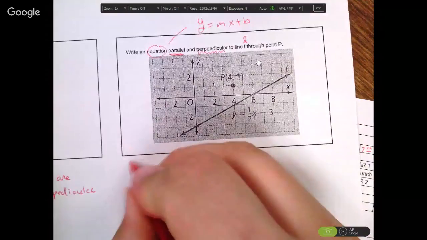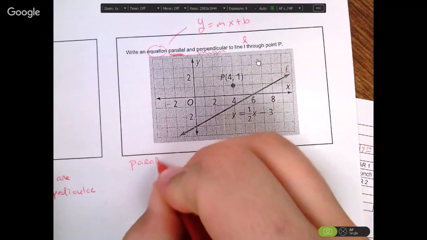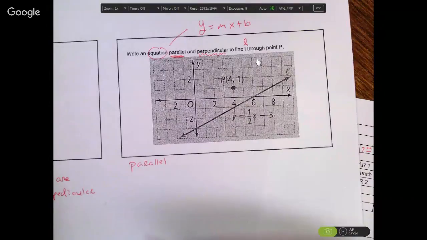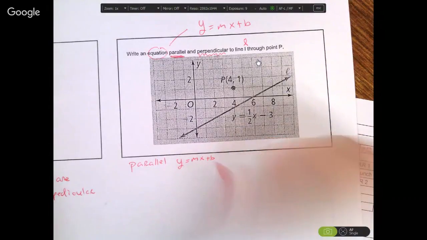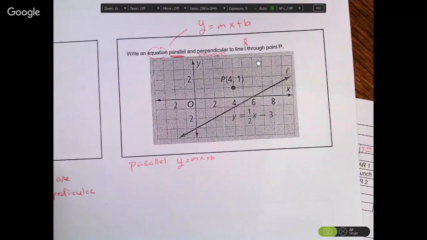We're going to start with parallel. Again, we are trying to find y equals mx plus b. What of those parts do we already know? We know the m. How do we know what the m is? It's parallel, which means the slope is the same.